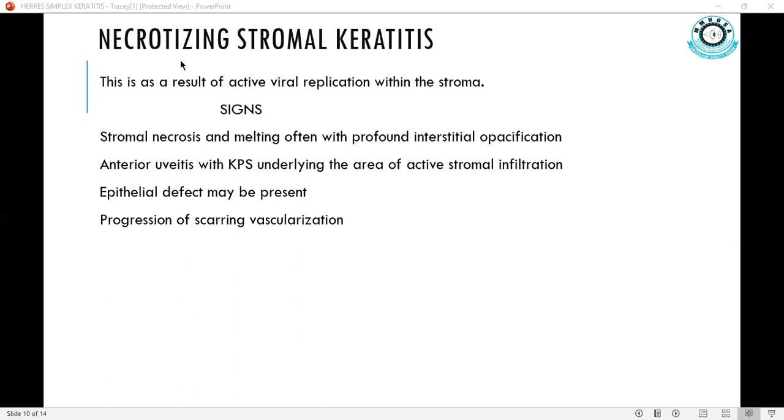You'll also have anterior uveitis with KPs underlying the area of active stromal infiltration. There may also be an epithelial defect. Also progression of scarring, and there'll be vascularization and lipid deposition.